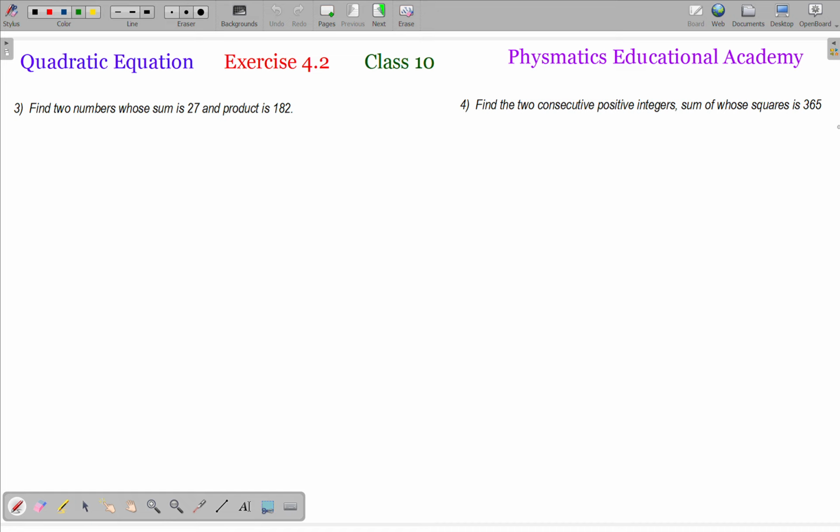Now question number 3: find the two numbers whose sum is 27 and product is 182.